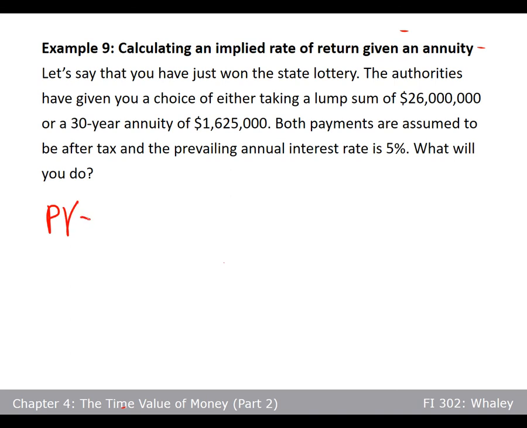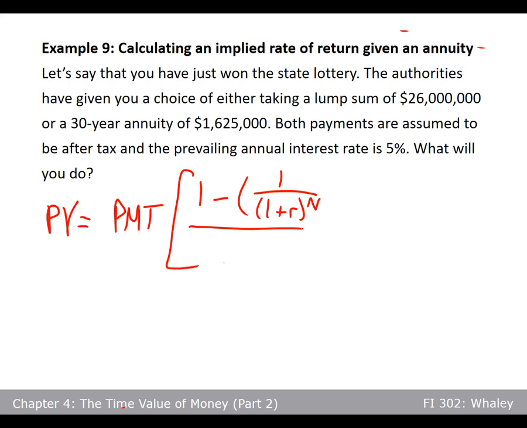Now remember from our formulas that the present value of an annuity is going to be the payment, the cash flow from the annuity, times 1 minus 1 over (1 plus r) raised to the n, all over r. Right? That's the formula we have. And we can plug in all the relevant information about the annuity portion of this lottery.